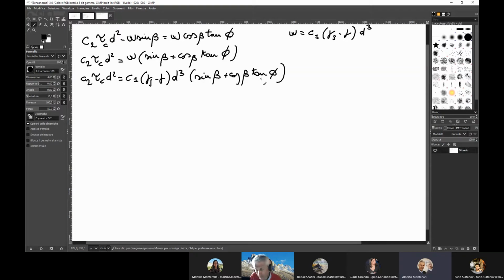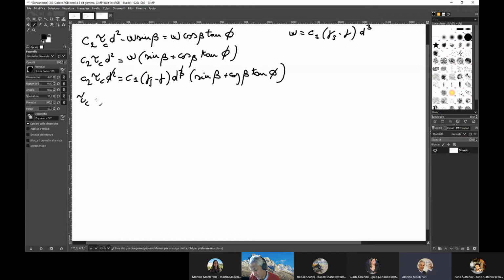Good. Now we can write it. First of all, let me say that I can cancel out the square and the exponent of the t at the right-hand side, and I can write it in this way.